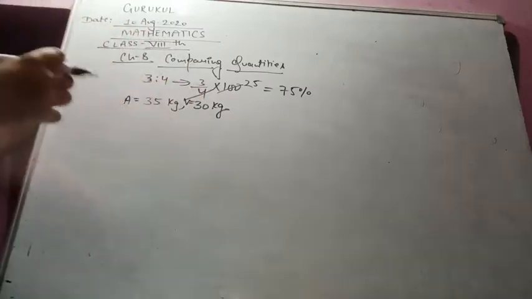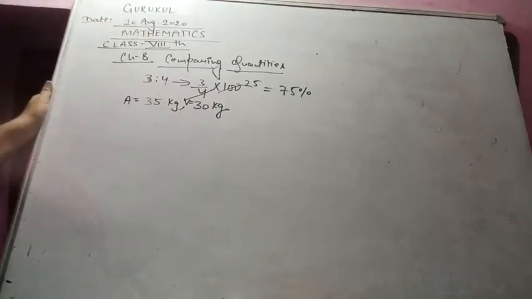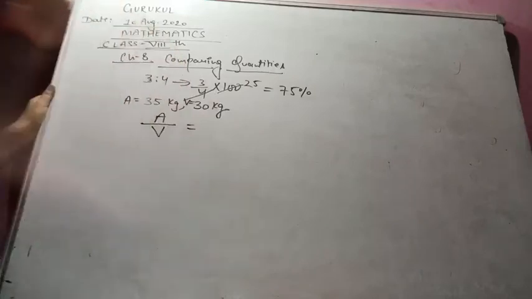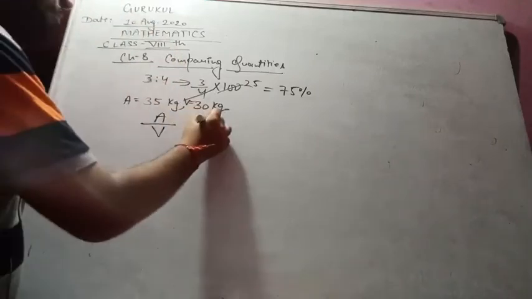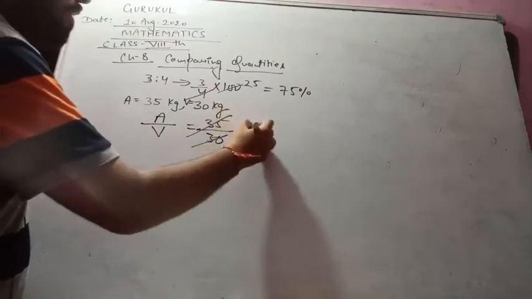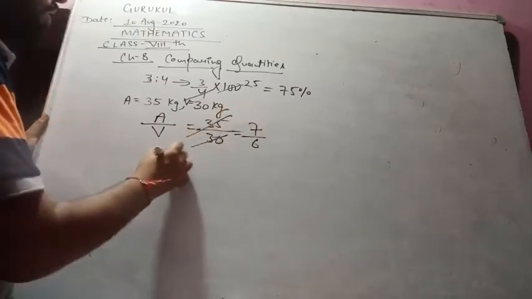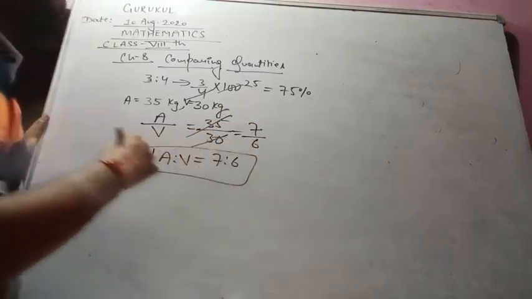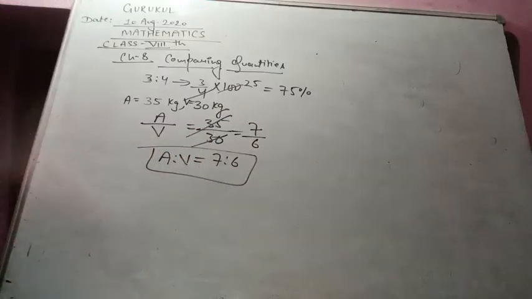Suppose we have to compare the data. Then what is the ratio of the weights of Akshay and Vishal, A upon V? That will be 35 upon 30. So 5 cancels out, 5 sevens are 35, 5 sixes are 30. So Akshay ratio Vishal is 7:6. This is how we can compare two given numbers.